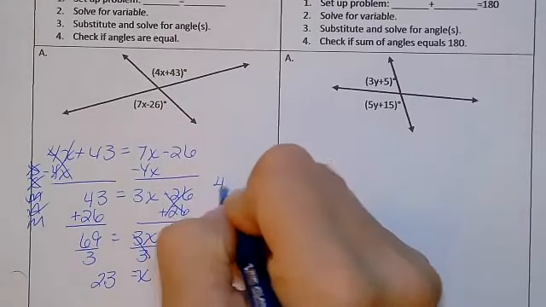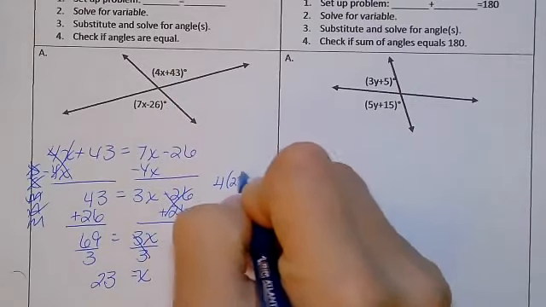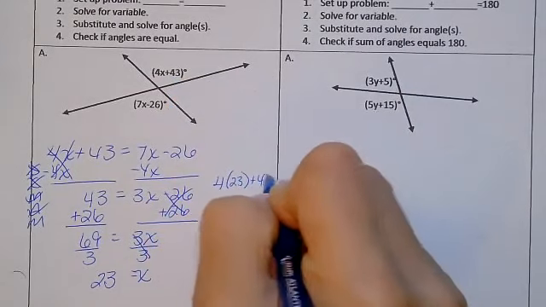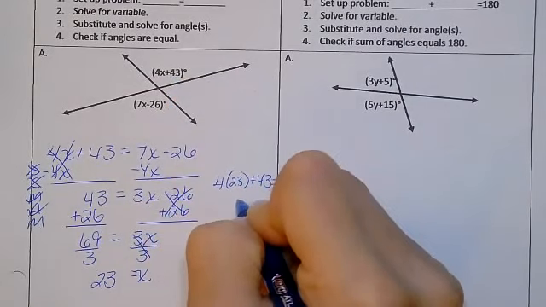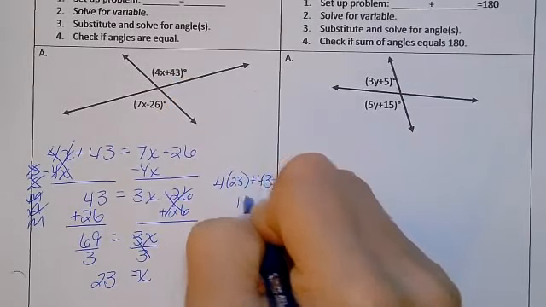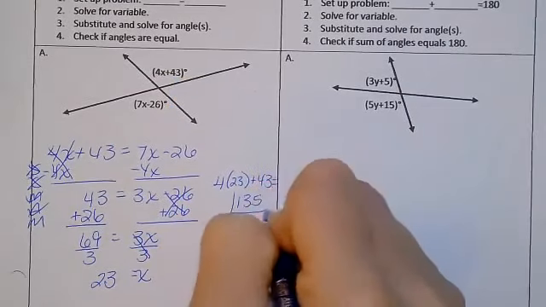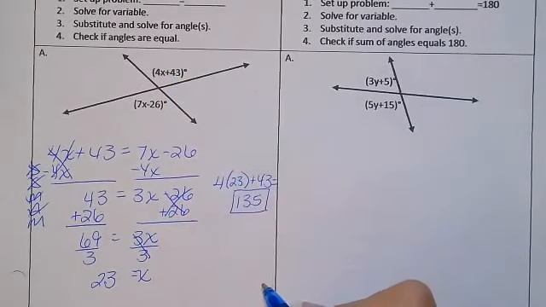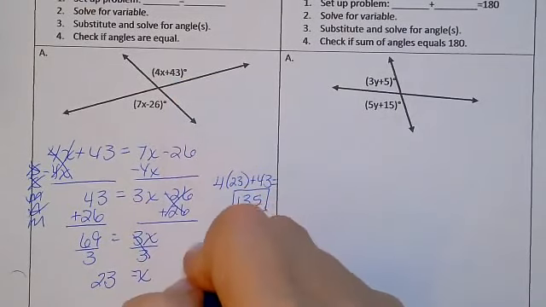So 4 times 23 plus 43 equals 135. Okay, and let's plug it in here.